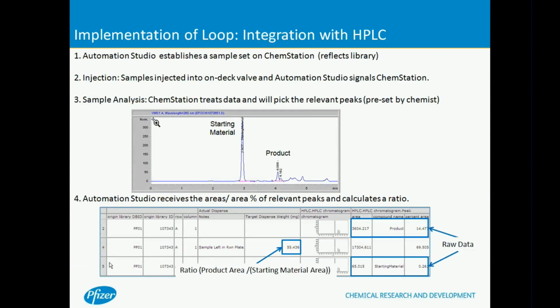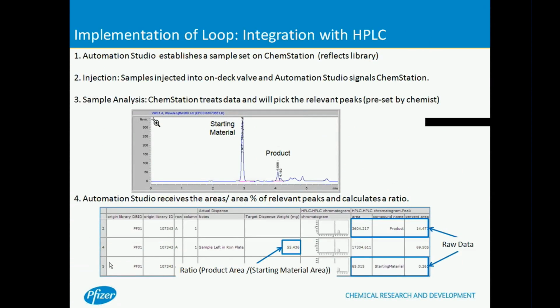So Automation Studio, which is driving the robot, establishes a sample set on ChemStation, which is just your HPLC software, that reflects the library. When each sample is injected into that custom valve I showed you, a signal will be sent to your HPLC saying that an injection has been made. It's essentially a manual injection valve for your HPLC.